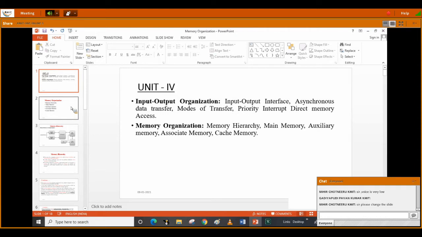Some diagrammatical programmed IO, the major program with programmed IO. If the input device is not ready, that means the interface status register flag bit value is 0, then the CPU has to stay in the loop.